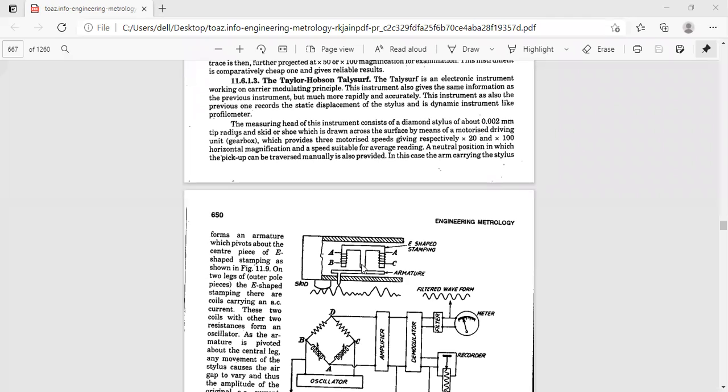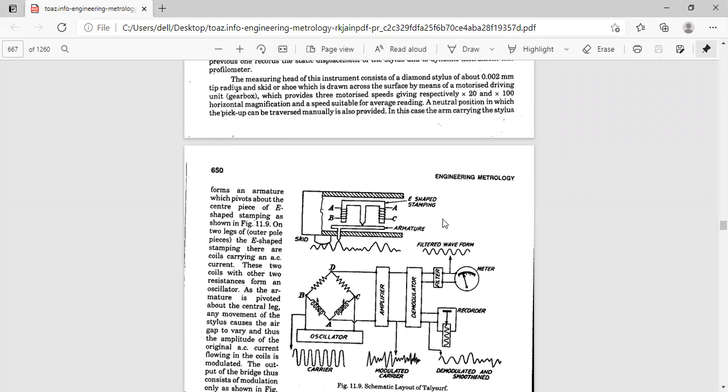What current are they carrying? Yesterday also we discussed, they are carrying alternating AC current, not DC. And these two coils, along with two resistances, form a Wheatstone bridge circuit, or we can say it can form an oscillator.